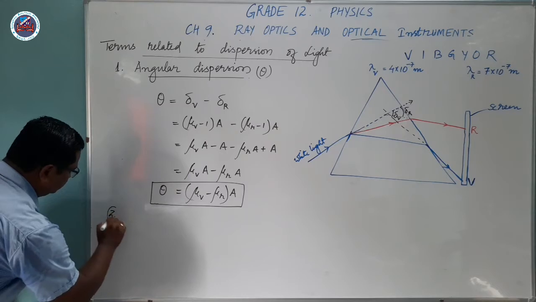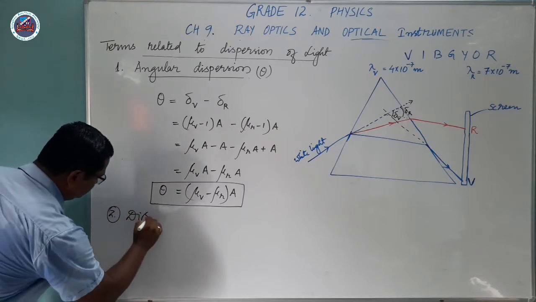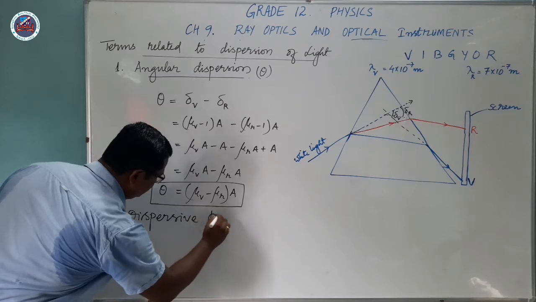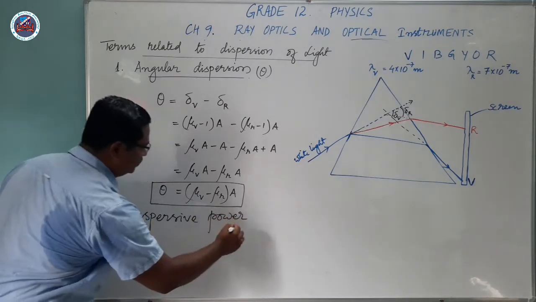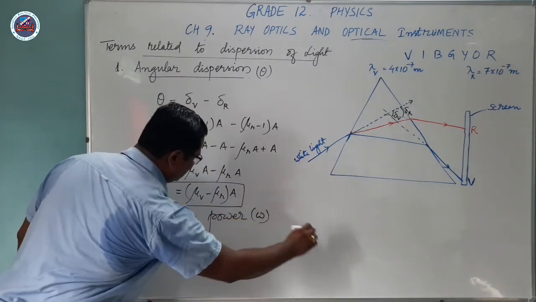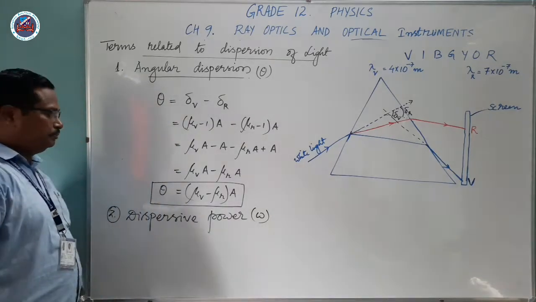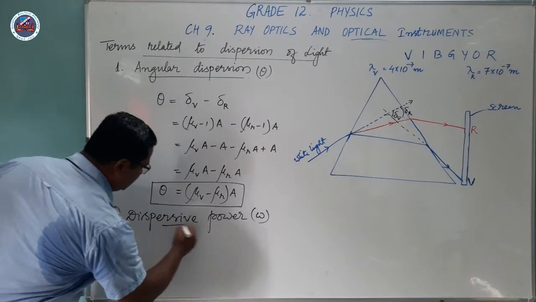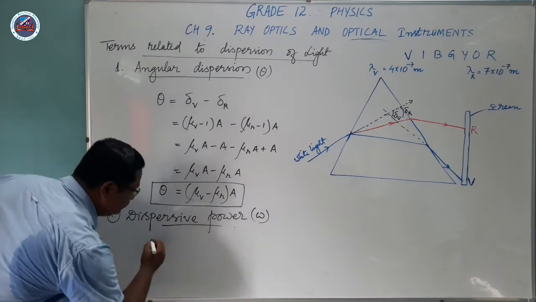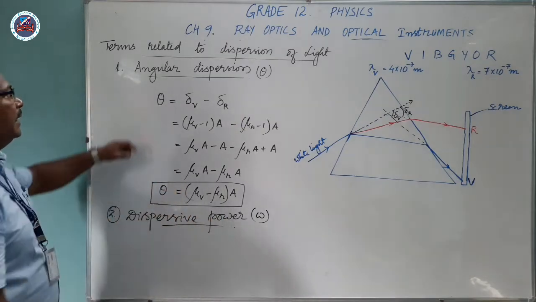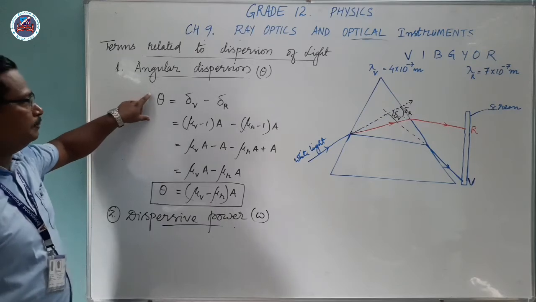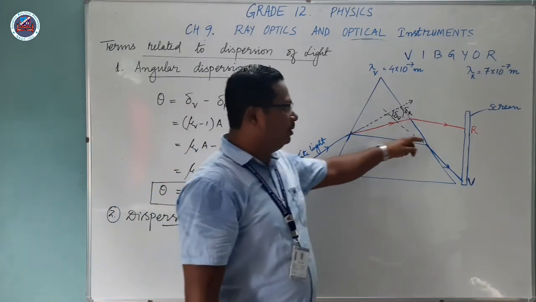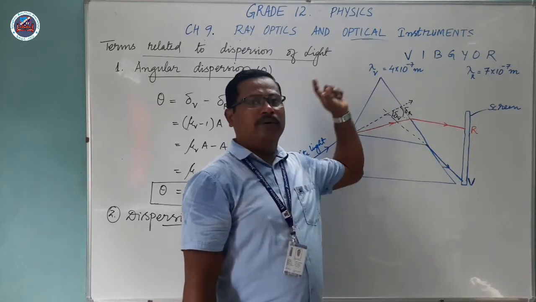The second one, dispersive power, we denote it with this omega symbol. Dispersive power is nothing but a ratio between the angular dispersion produced by a prism divided by the mean dispersion produced by all the light, VIBGYOR.